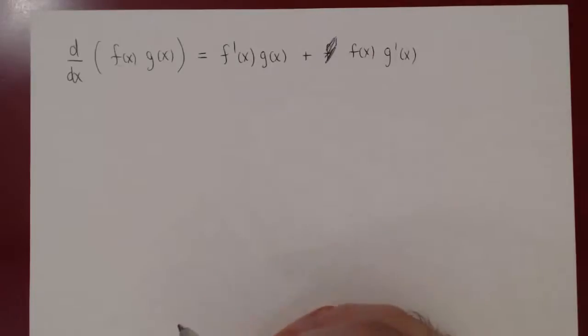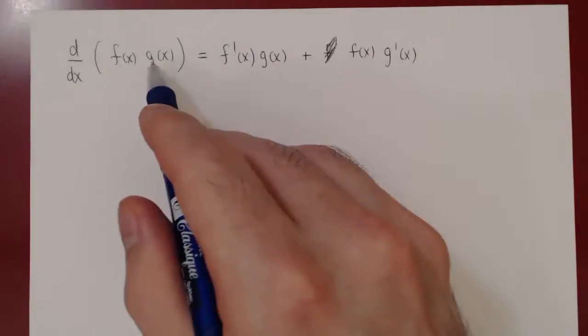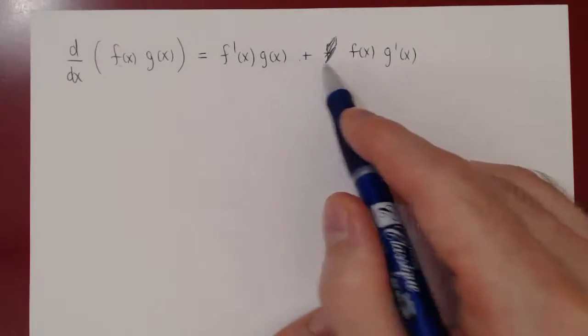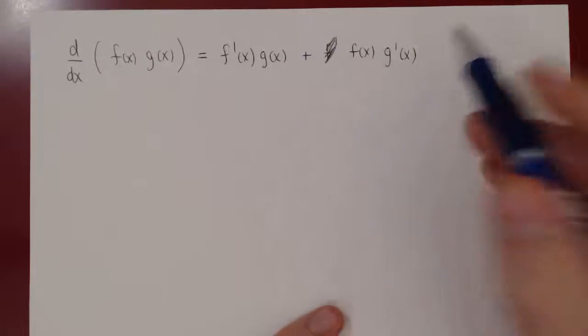And that's the product rule, right? The derivative of f times g is the derivative of f times g plus f times the derivative of g.